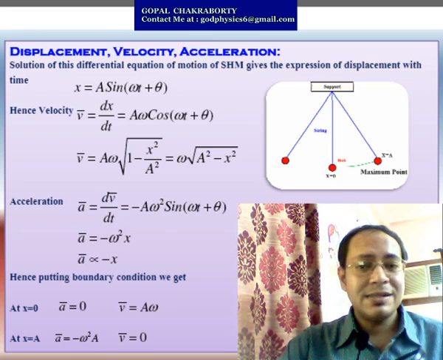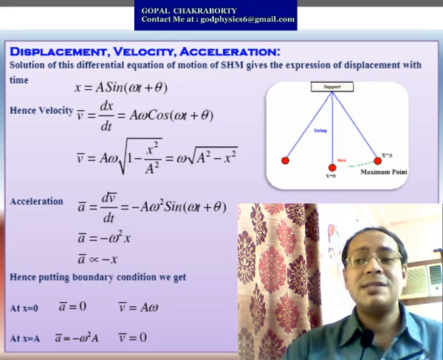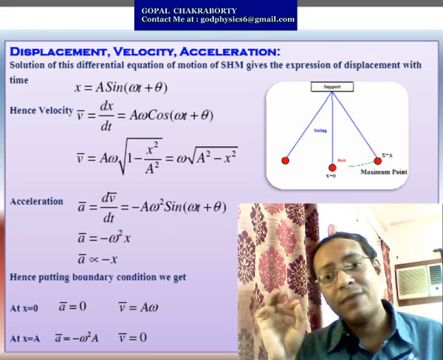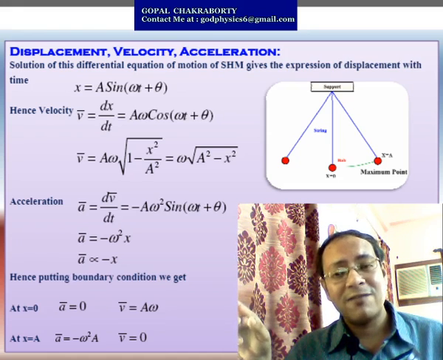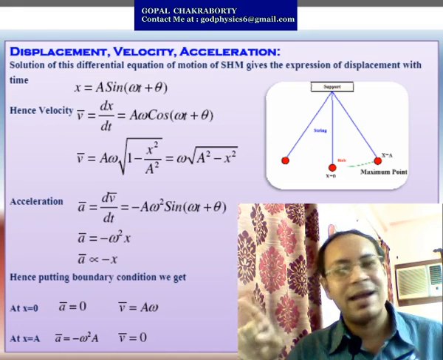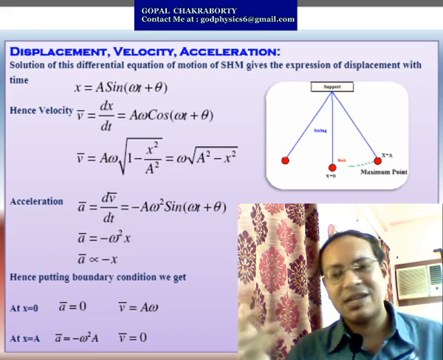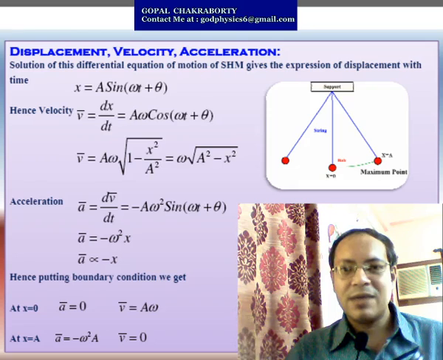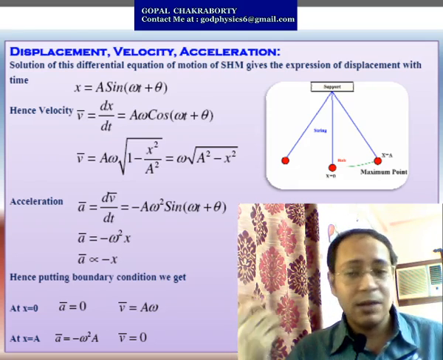So that means acceleration is proportional to minus x. We come back to the definition from where we started, that force is proportional to minus x. If you multiply both sides by the mass, which is a constant and doesn't change any value, this proves that the simple pendulum is executing simple harmonic motion.